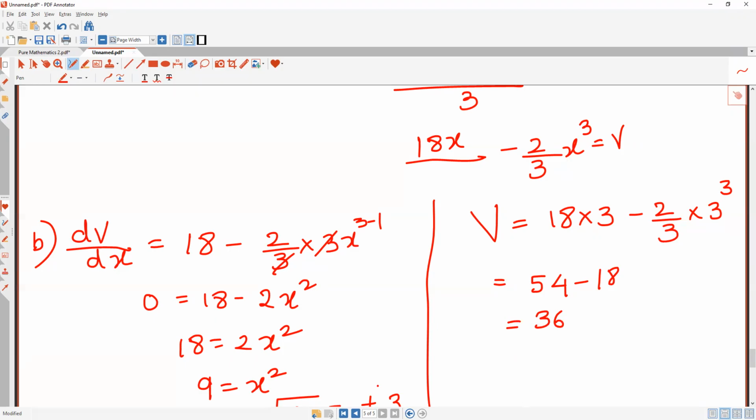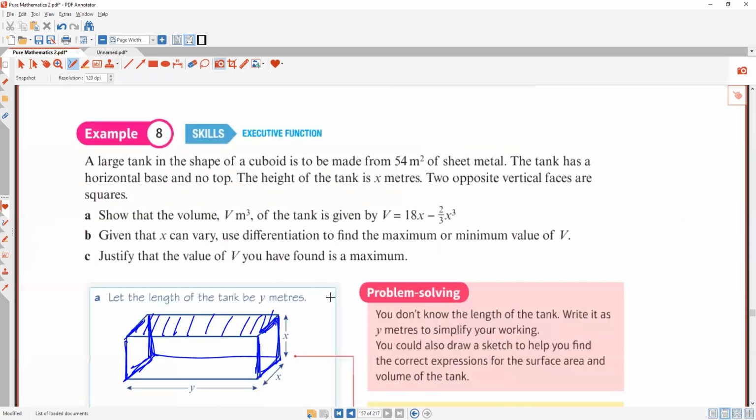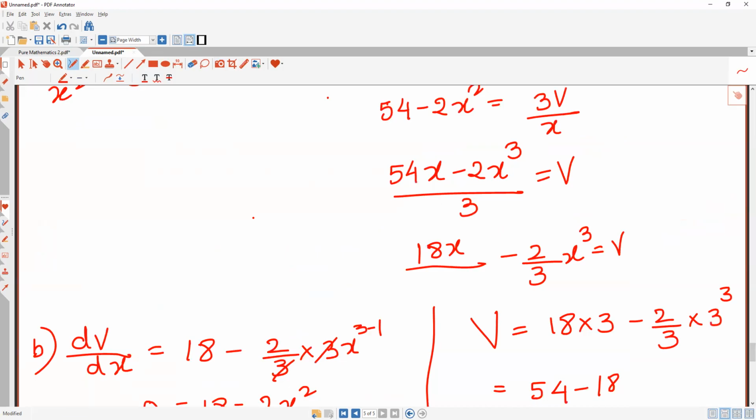Is this clear? Volume is 36. Let me check. Yes, 36. Then they are saying in the question, volume 36 done.